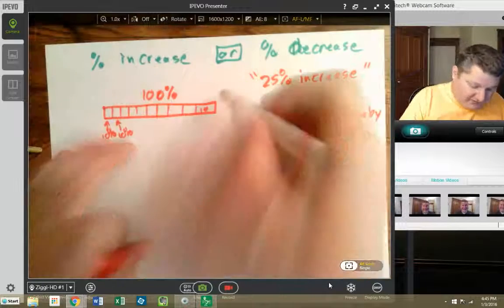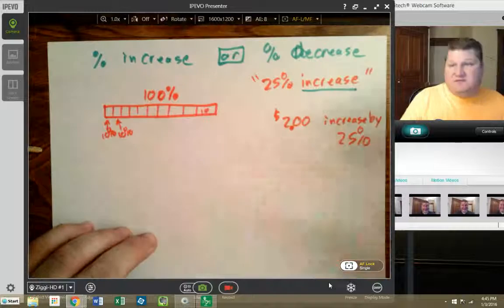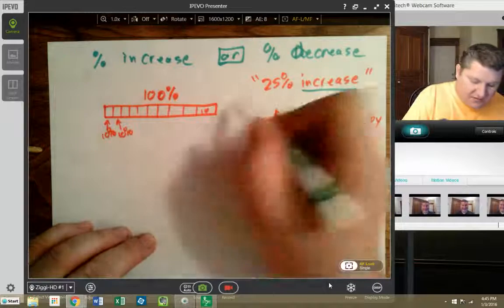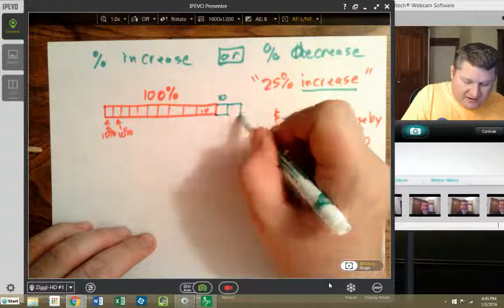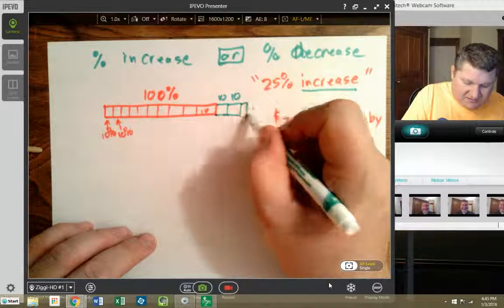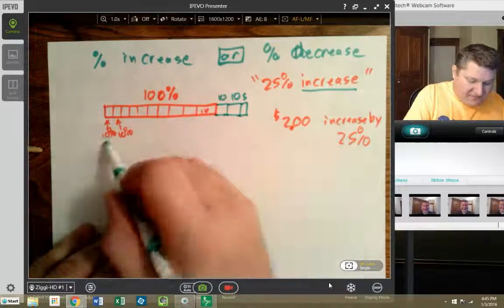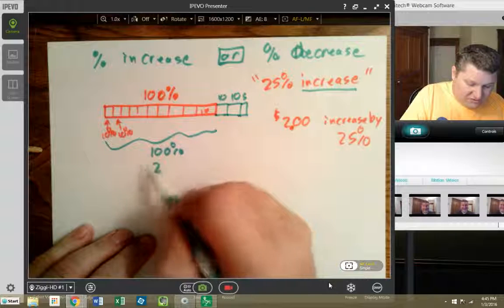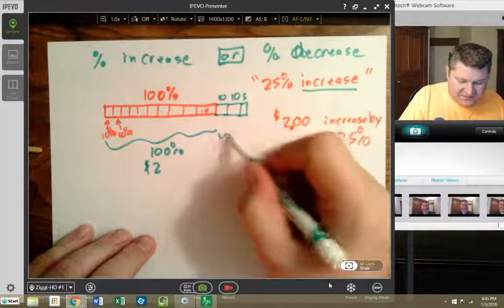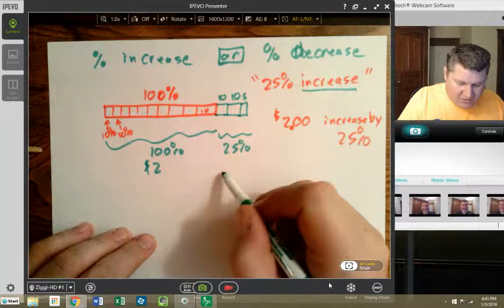Well, I would have to add some parts, because if it's going to be an increase, it means it's going to be more than 100%. So I'm going to say here's another 10%, here's another 10%, and I'm going to make a small one that is 5%. So now, if this represented 100% or $2, this part here represents 25%, or some amount.